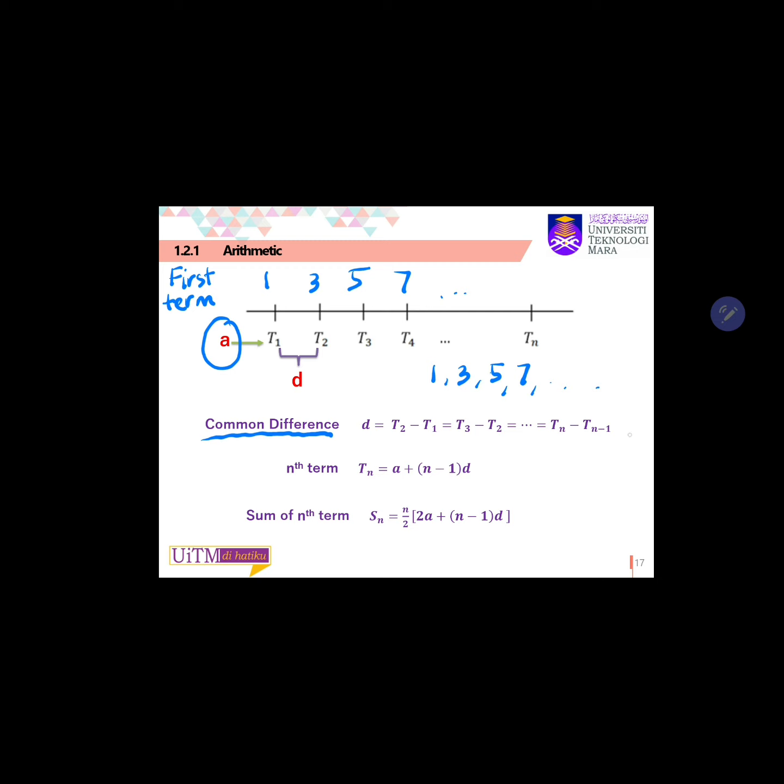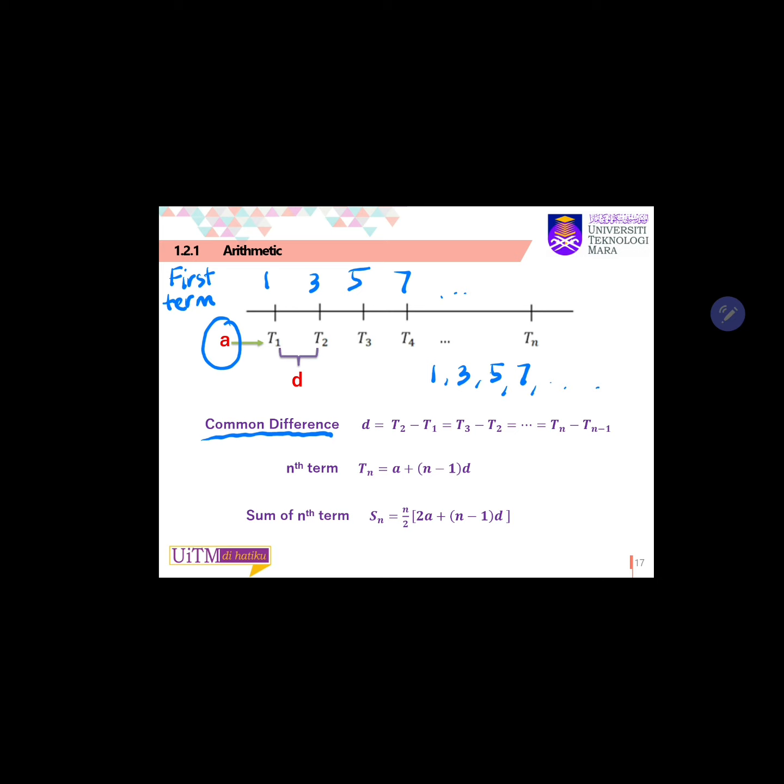So we call that the common difference. Let's say we are given a sequence, you need to check first whether they have the same common difference or not. If they have the same common difference, then it is an arithmetic sequence.